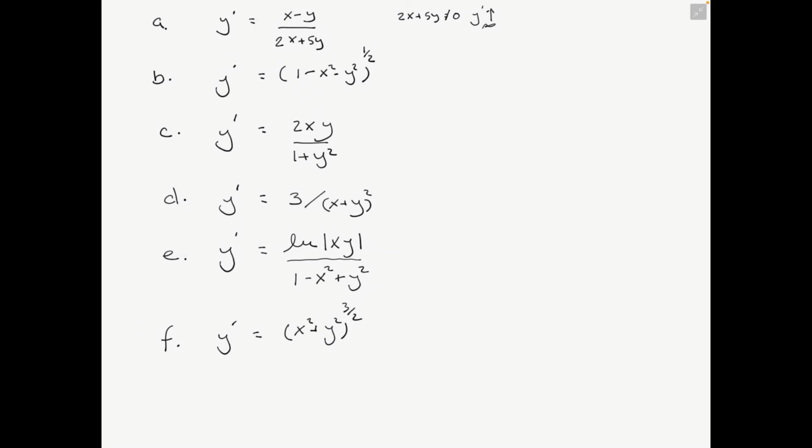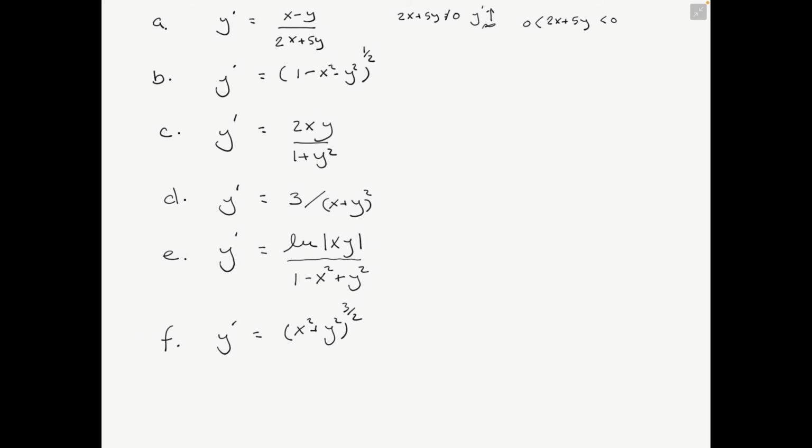So the denominator can't be equal to 0, which means then that 2x plus 5y is either less than 0 or greater than 0.